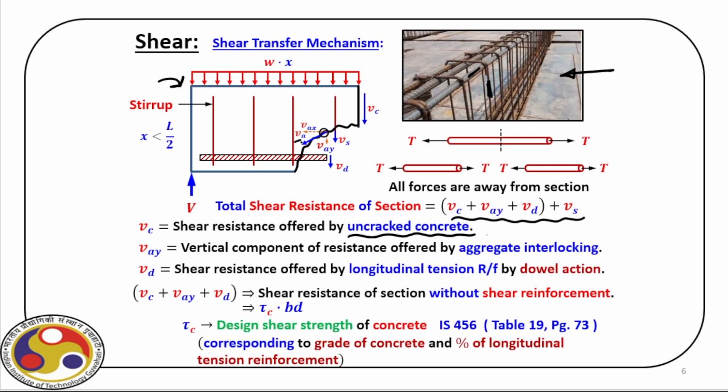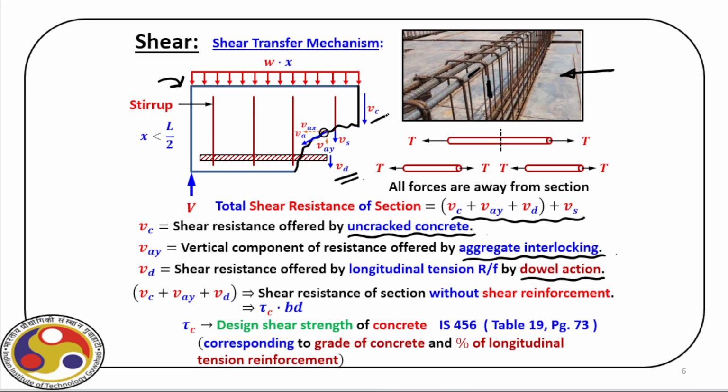Then they offer a resistive force which has a vertical component that acts in the plane of shear. So VAY is the component of resistance offered by the aggregate interlocking, because we have coarse aggregates and fine aggregates there. Then VD is the longitudinal bars providing some resistance due to dowel action, and that is shown here.